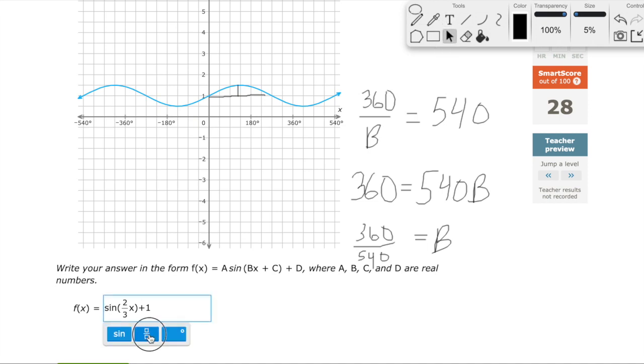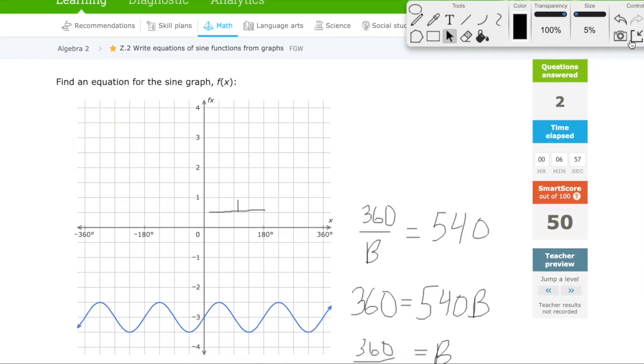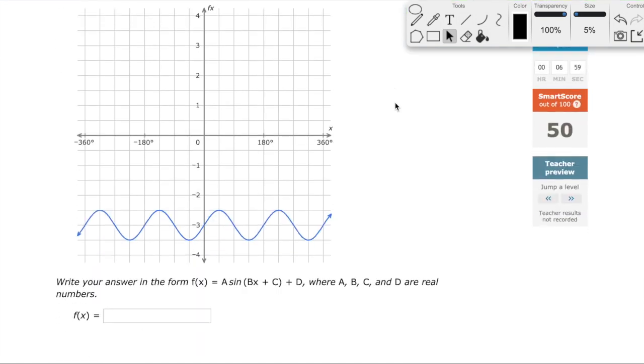So out front, I would have 1 over 2. Super, awesome. That last one was actually a really good example. It showed kind of everything. It had a shift, it had a period change, it had an amplitude change.